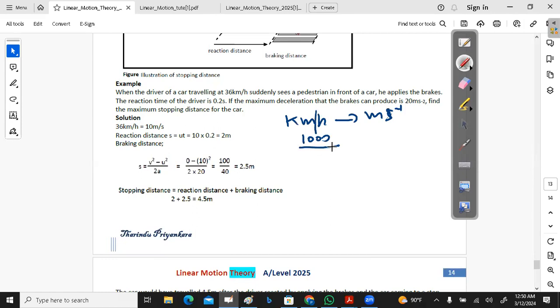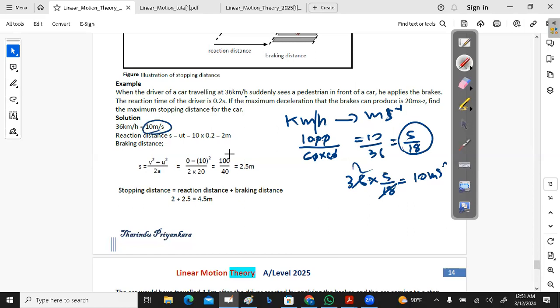The zeros cancel off, so 10 over 36, then you can convert again to 5 over 18. When you multiply anything by 5 over 18, you convert kilometers per hour to meters per second. Here, 36 multiplied by 5 over 18 gives 2 times 5, which is 10 m/s. That is how you got 10 here.